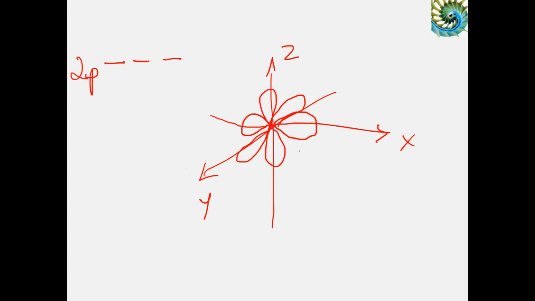Sorry for the quality here. If you form a sigma bond, that means the px orbital has to interact with another px orbital. Let's say, in green, this is our carbon number 1, and you want to make a carbon-carbon bond with carbon number 2.